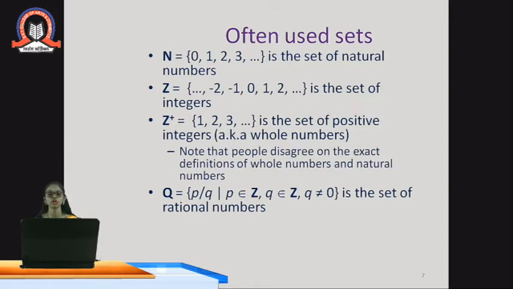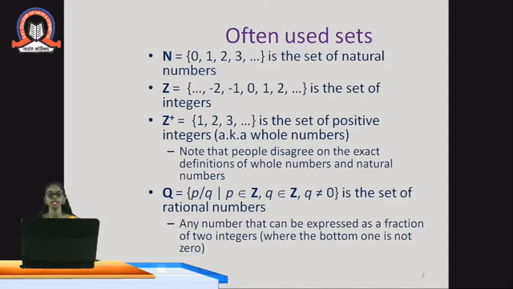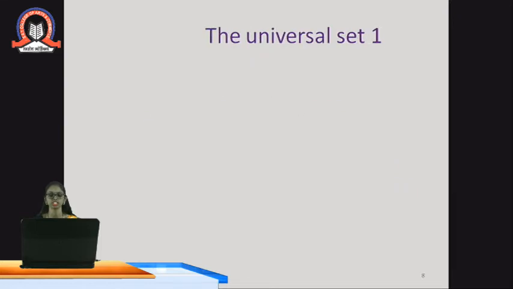Q means the set of rational numbers. We write it in the symbolic form p divided by q, such that p belongs to Z, the set of integers, and q also belongs to the set of integers but q is not equal to 0. It is any number that can be expressed as a fraction of two integers.